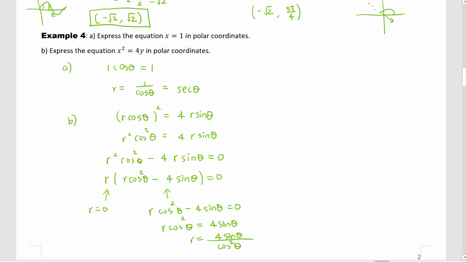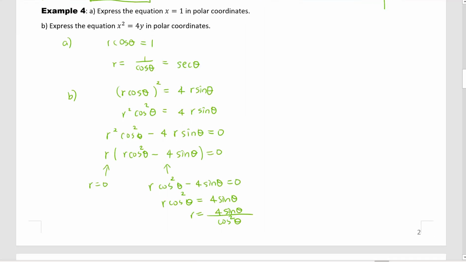See, we get a function. You can actually see this contains r equals 0, because when theta equals 0, sine 0 is 0 and cosine 0 is 1. So when theta is 0, we already get r equal to 0. So this one already contained that.